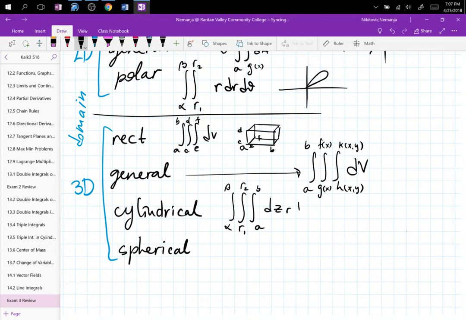So the z r dr d theta. It doesn't matter whether this r goes in front of dz or outside of dz, because it's r, right? So in terms of dz, that is a constant.